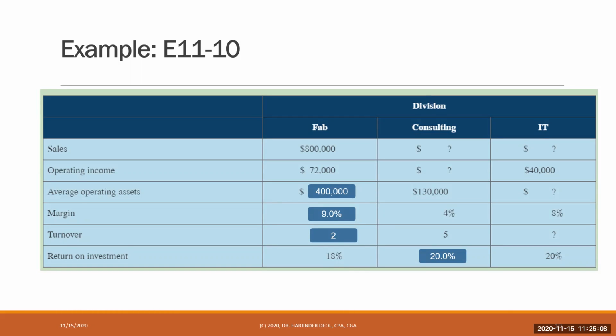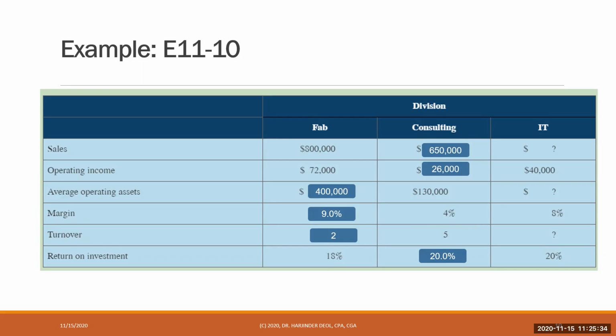Operating income is 20% of 130,000, $26,000. Finally, we can calculate sales. We know the average operating assets are 130,000, and we're given turnover is 5. So sales is 5 times 130,000, or $650,000.